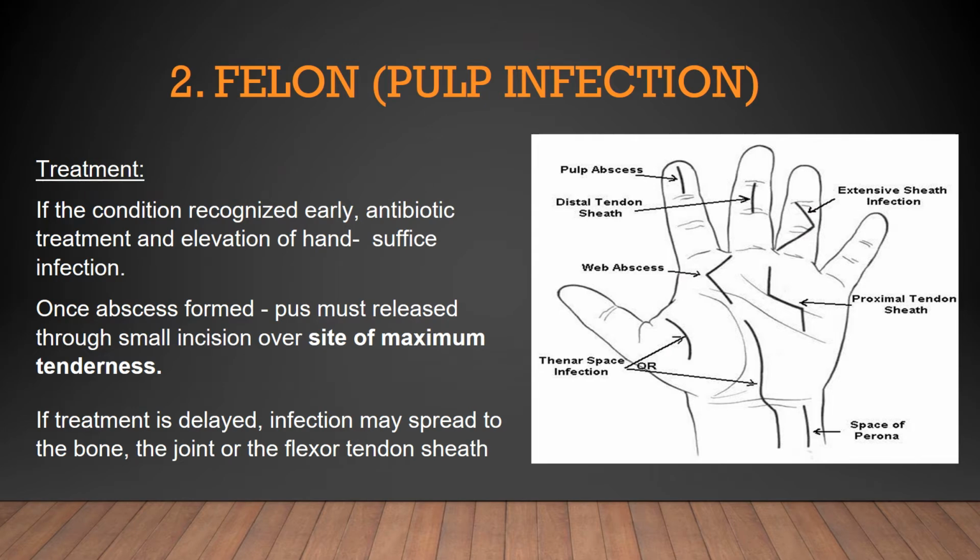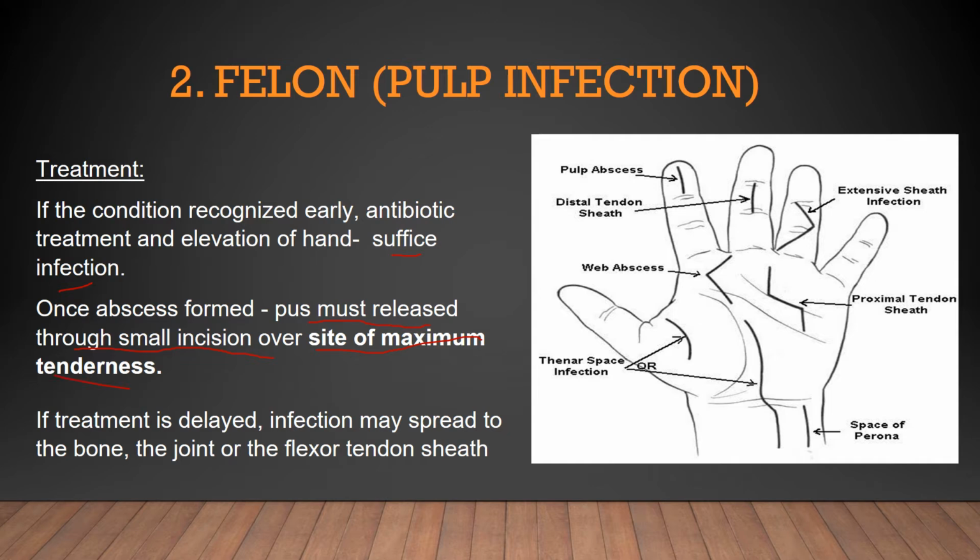The treatment for felon is that the condition has to be recognized early, and then antibiotic treatment and elevation of the hand may suffice for the infection. Once the abscess is formed, the pus must be released through a small incision over the site of maximum tenderness.